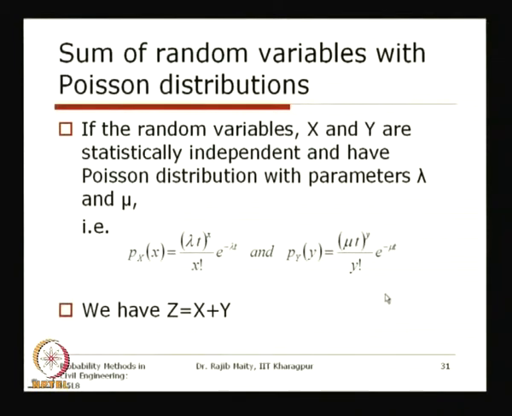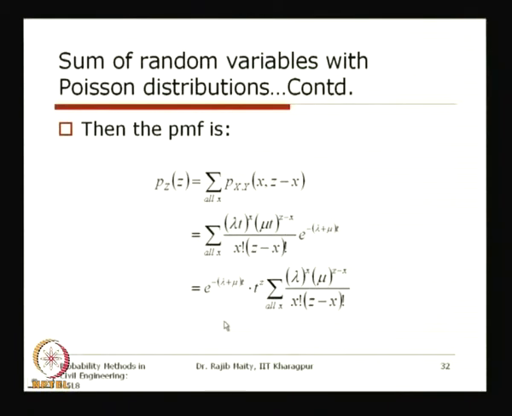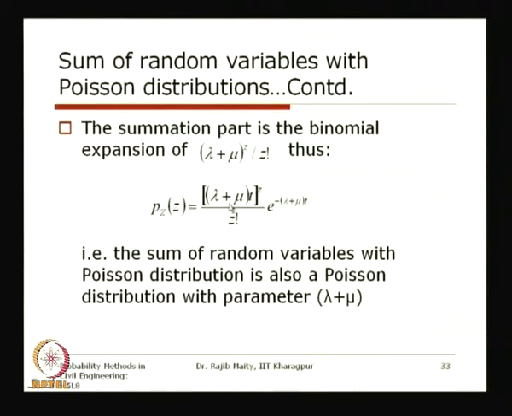If these are the distributions, and we have the function X plus Y, then following the same equation that we have shown just now for the discrete case, we put in these functions and take the summation over all feasible x. Then we get another distribution which takes the form (lambda plus mu) t to the power z by z factorial, e to the power minus (lambda plus mu) t.